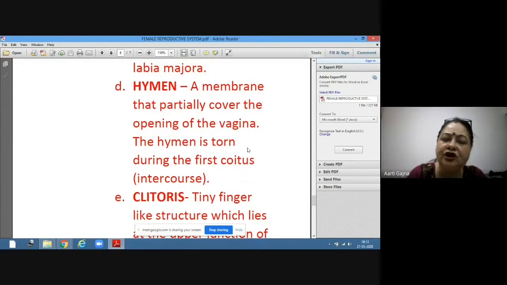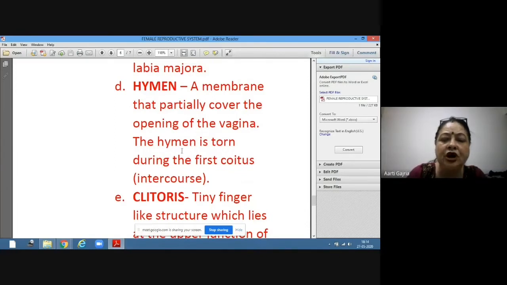That can be horse riding, long jumping, or any sort of vigorous physical activity. So the presence or absence of this hymen has got nothing to do with the virginity of the lady.